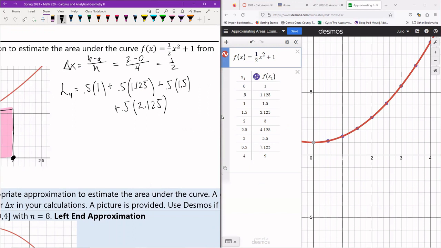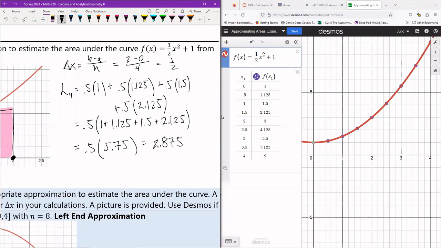Now, if you take a look, all of them have a 0.5. This gives you some sort of an alternate way of doing this. You can do 0.5, right, which was our delta x, times 1 plus 1.125 plus 1.5 plus 2.125. Okay. If you do all this appropriately and you add these all up, 0.5 times 5.75, and if you do the math for that, 2.875, and we are done.